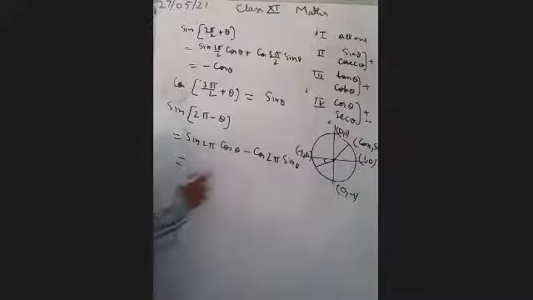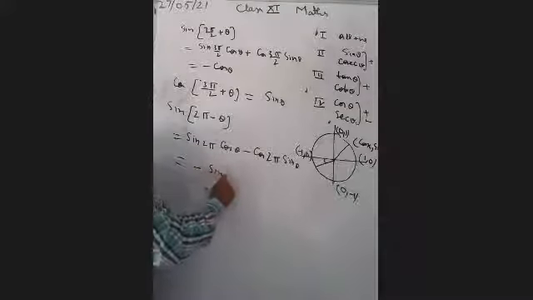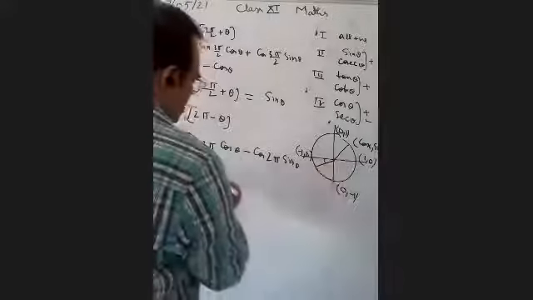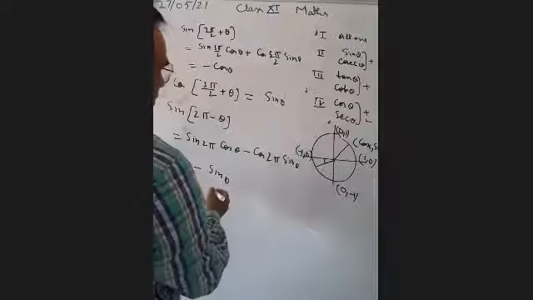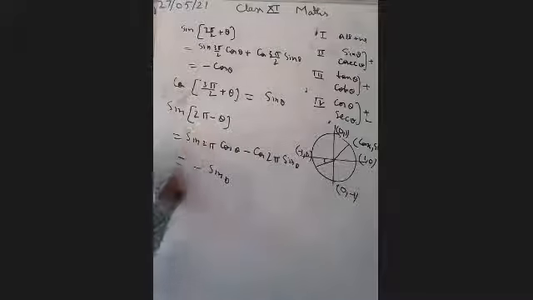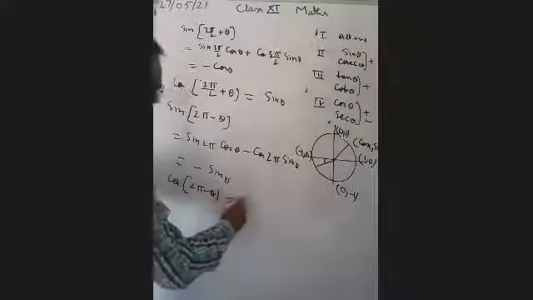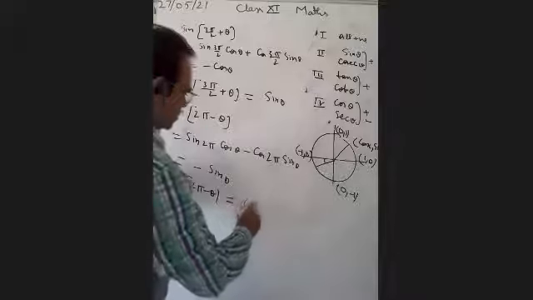So you can put the value 1 here. It is coming 0 minus sin theta. That is, if we take sin(2 pi minus theta) in the fourth quadrant, it is coming negative. But if you take the value of cos(2 pi minus theta), you will get cos theta.